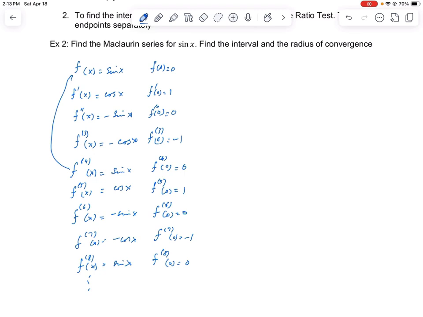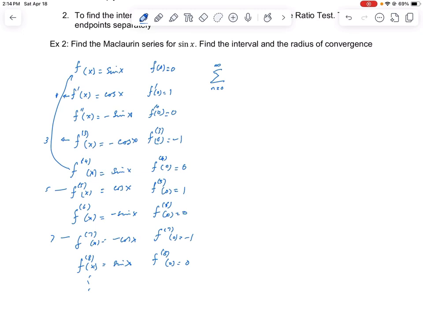So this is for the first derivative, third, fifth, seventh, and so on. But when we put it in the notation form, it goes from 0 to infinity, or n could go from 1 to infinity, and n will take on values 1, 2, 3, 4.